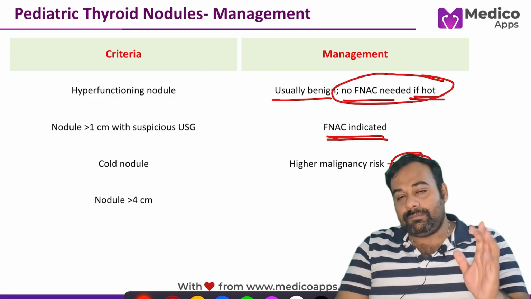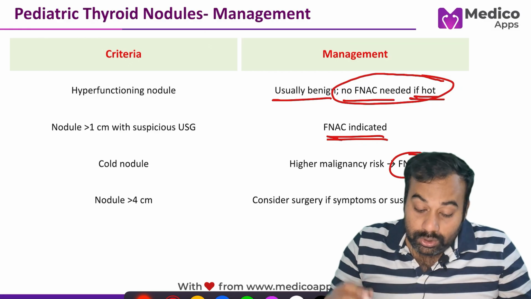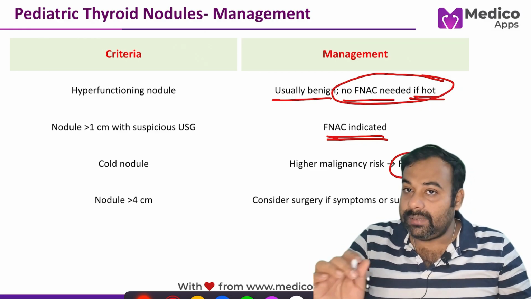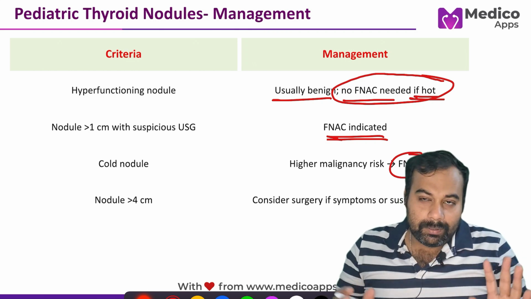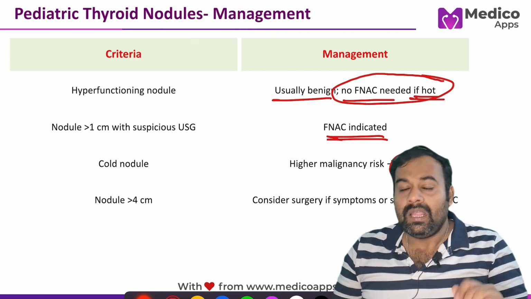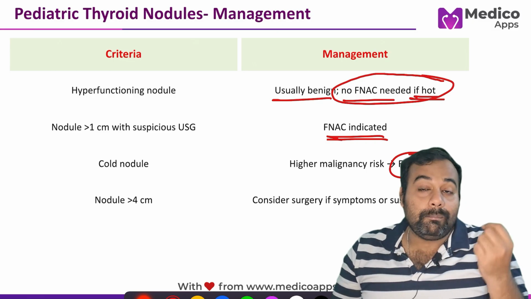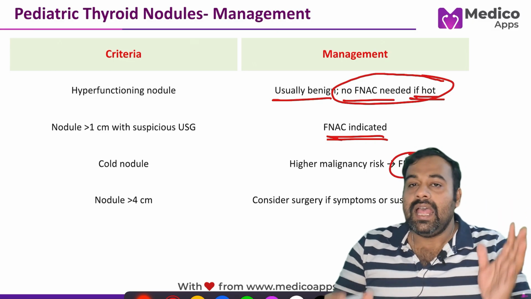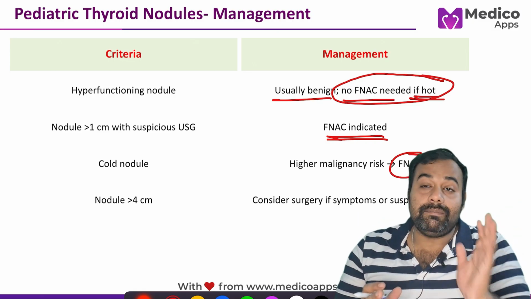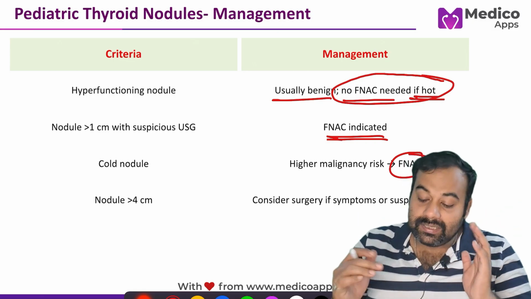Then for a nodule size more than 4 centimeters, you have to consider surgery if there is a symptom; this is the number one. Otherwise, in an asymptomatic patient, you do need to go for the FNAC. If required, you need to go for multiple settings of FNAC because there is a high chance of a false negative report in such cases.